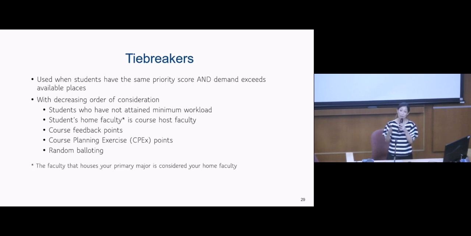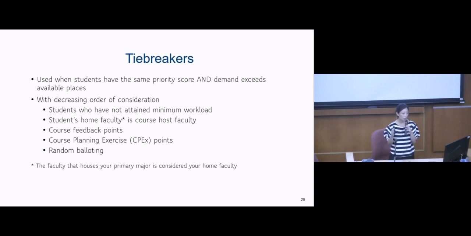At the end of every semester, you will be asked to evaluate the courses that you have taken. It's not compulsory, but highly encouraged, and you will get some points when you participate in student evaluation of the courses. Those points will be used in your course registration in the next semester.